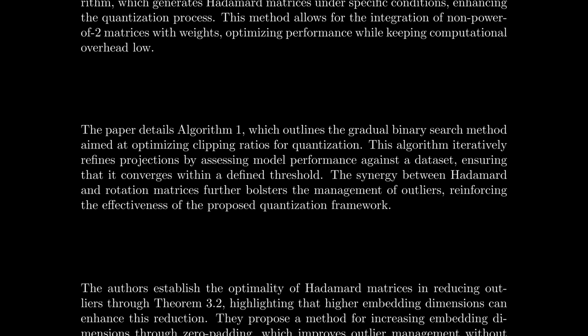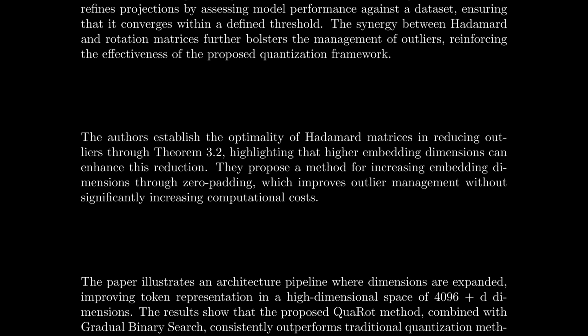The authors establish the optimality of Hadamard matrices in reducing outliers through Theorem 3.2, highlighting that higher embedding dimensions can enhance this reduction. They propose a method for increasing embedding dimensions through zero padding, which improves outlier management without significantly increasing computational costs.